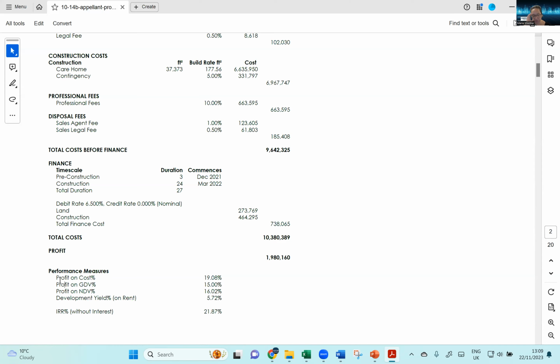But if you want to calculate an IRR, and say my target is on IRR, the internal rate of return, so the annual return on this investment, then you will need a cash flow, because the timing of your money coming in and out will have an impact on your IRR.